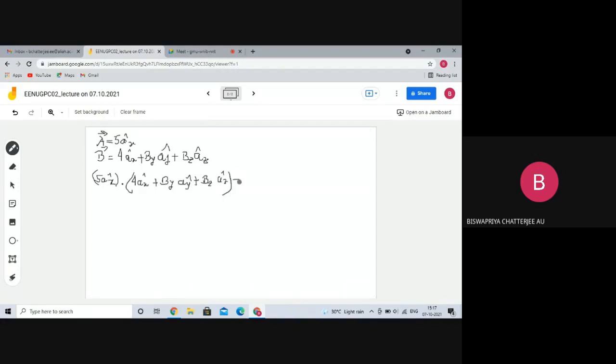and the right hand side would be the magnitude. So it will be 5 into root under 16 plus by square plus bz square, into cos 45 degrees, that means 1 by root 2.